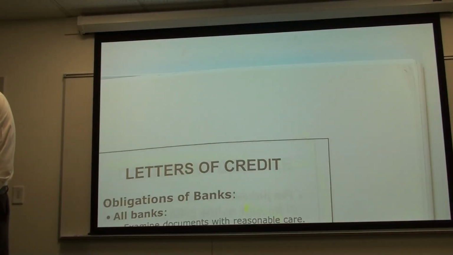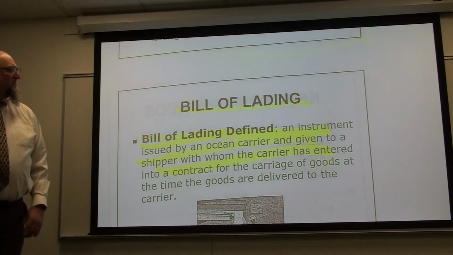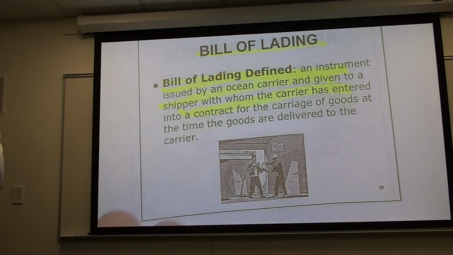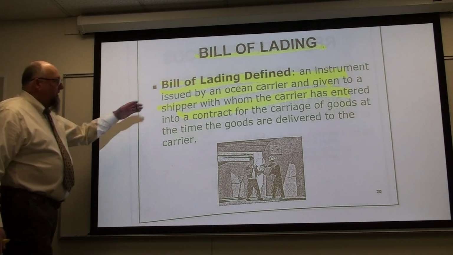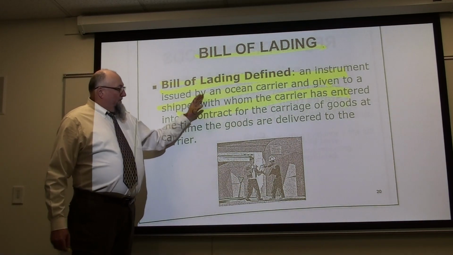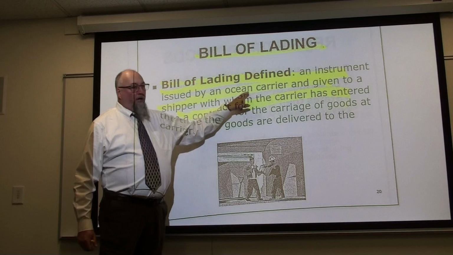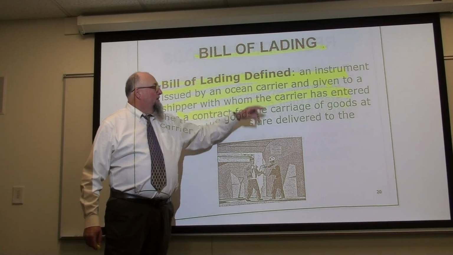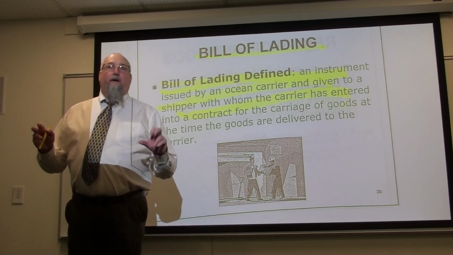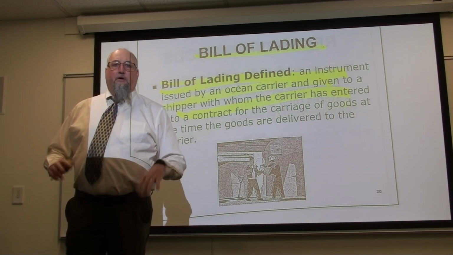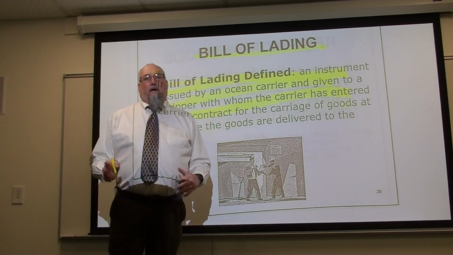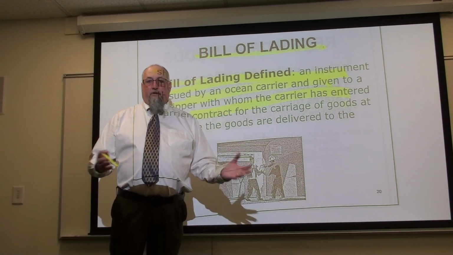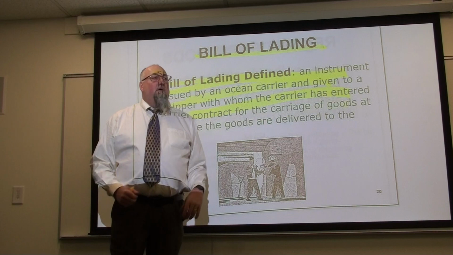So next we have a bill of lading. A bill of lading, again, is an instrument, a written document, that's issued by, well, here they put ocean carrier. It's not just involving maritime trade. A carrier is a term we use in transportation law that refers to providing transportation for goods or people.